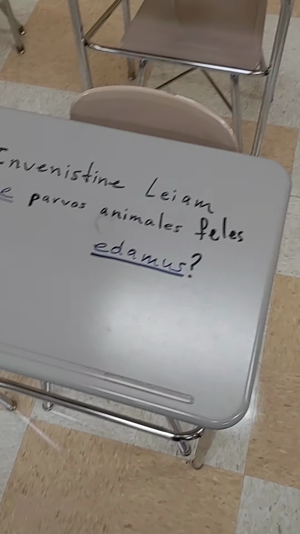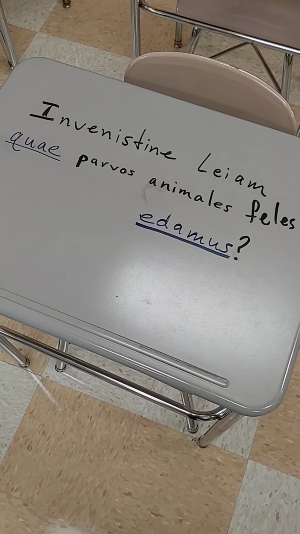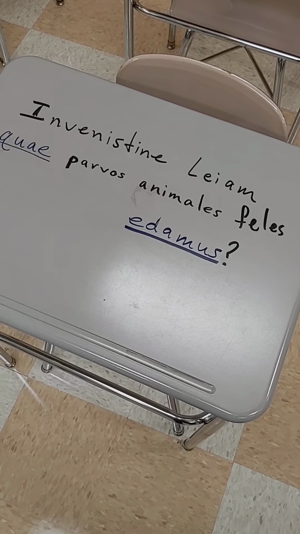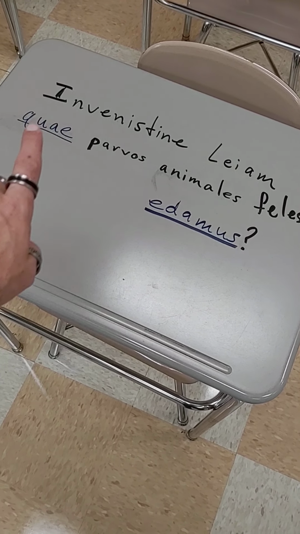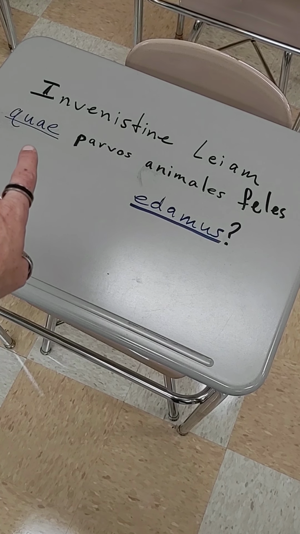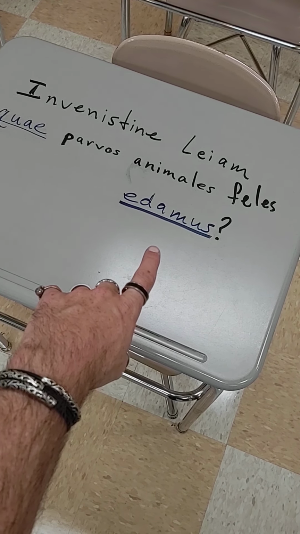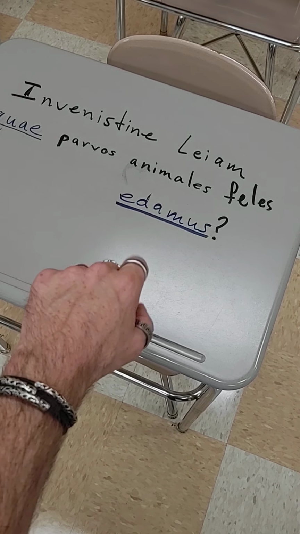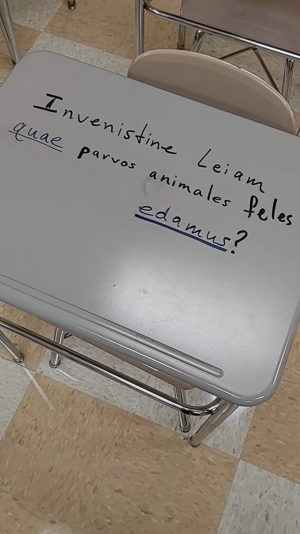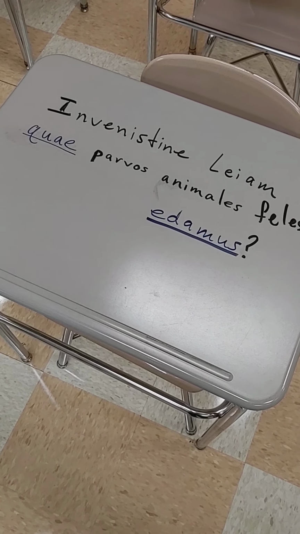On the other hand, this sentence says, have you found Leia, a cat who would eat small animals? And you notice we have our relative pronoun again, so it is a relative clause, but it's a relative characteristic because edat is subjunctive. It's not indicative. And the reason why I use this is I'm not describing her as a cat who actually eats small animals.